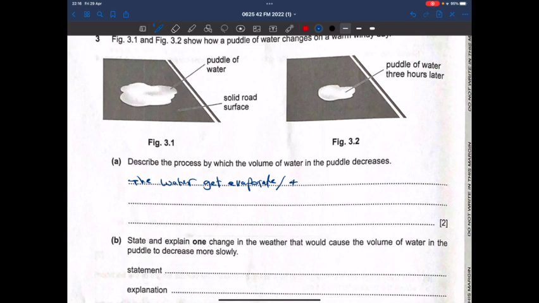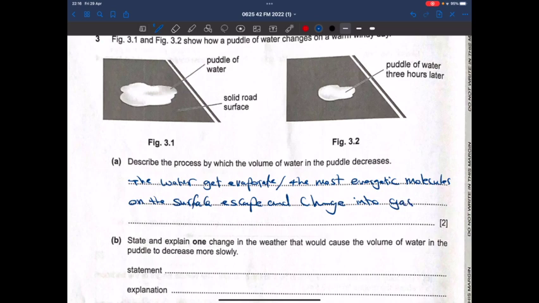So I'm going to say here the most energetic molecules on the surface escape and change into gas, so the volume decreased.